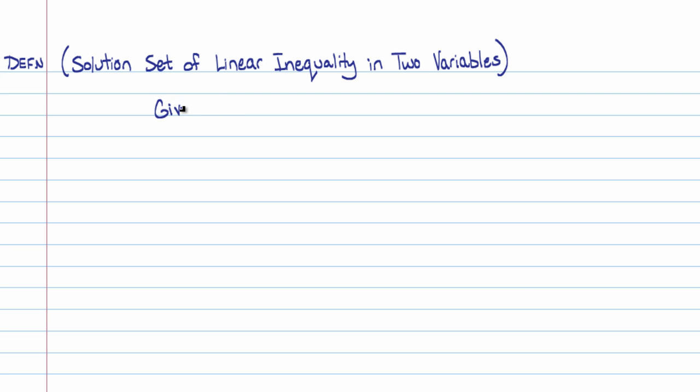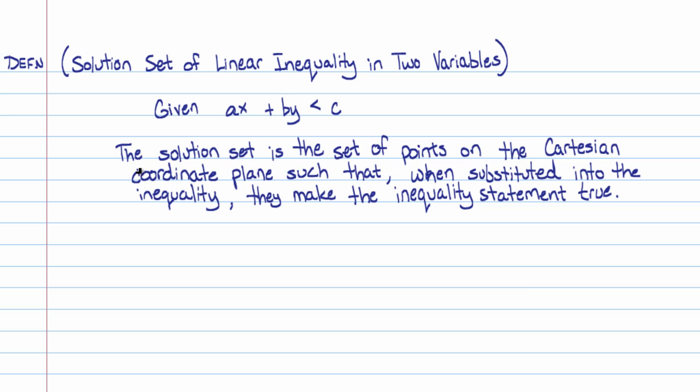If we're given something like ax plus by is less than c, or it could be greater than c, or less than or equal to, or greater than or equal to, whatever it is, the solution set is the set of points on the Cartesian coordinate plane such that when substituted into the inequality, they make the inequality statement true. That's a plain Jane definition. It's nothing really crazy here. It just means that if a point (x, y) satisfies this inequality, then it's in the solution set.